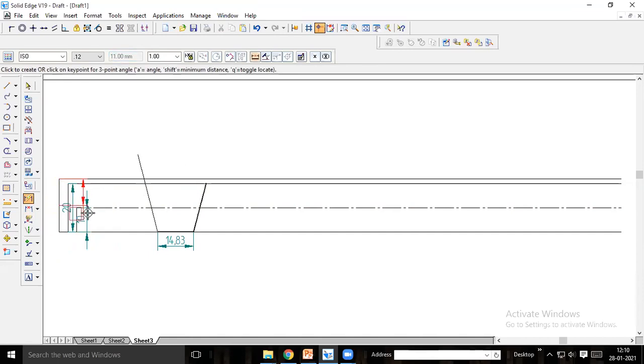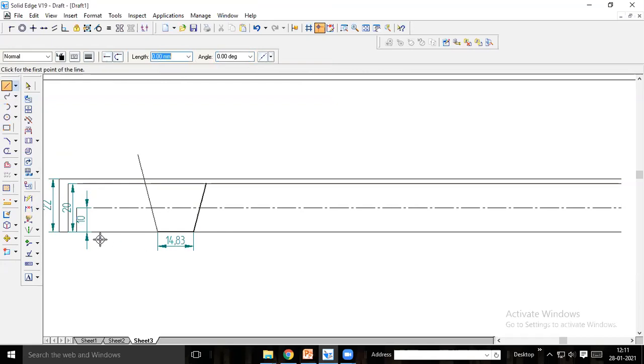With clearance it is 2 mm clearance that is given. So here you see 14.83 is taken from the center, 10 mm below the line. From the center line, 10 mm below, you have a horizontal line. There you take 14.83.